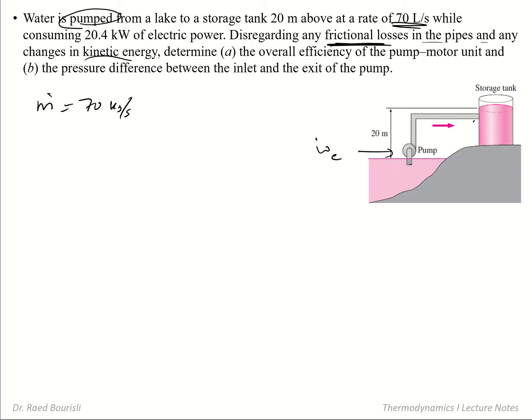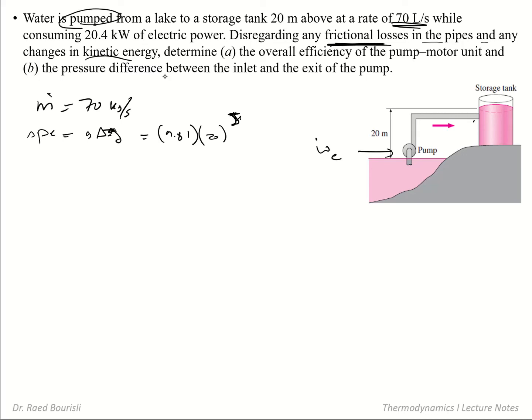The difference is the potential energy, delta PE, which is g delta z per unit mass. So this is 9.81 times delta z, which is 20. And this will give you joules.